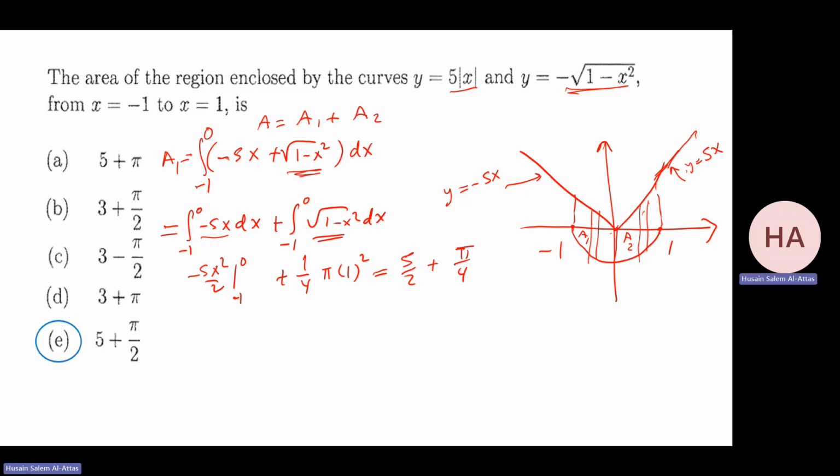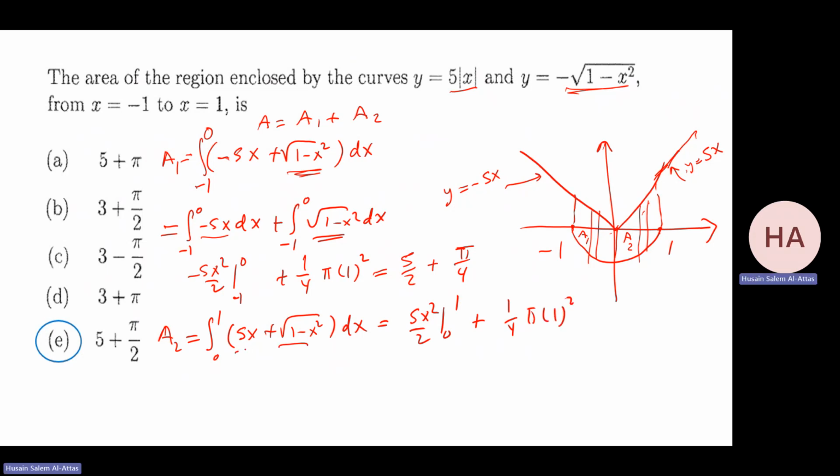The second area will be the same, but I can do the calculation. A2 will be from 0 to 1. Same thing, I have 5x minus this, which gives plus square root of 1 minus x squared dx. That gives me 5x squared over 2 from 0 to 1, plus 1/4 pi times 1 squared.